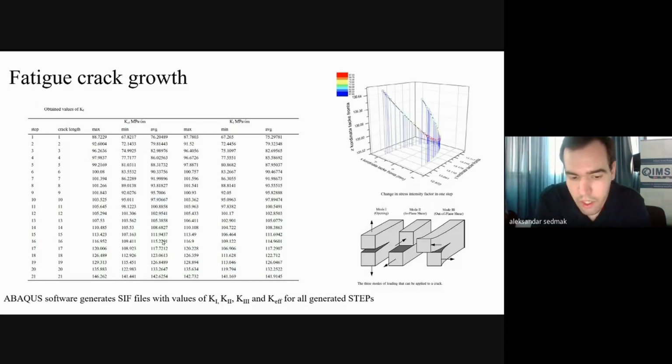The K1 value is a few orders of magnitude greater than K2 and K3 and is close to K effective. So the K1 value depicting the mode 1 type of fracture is relevant for the analysis.